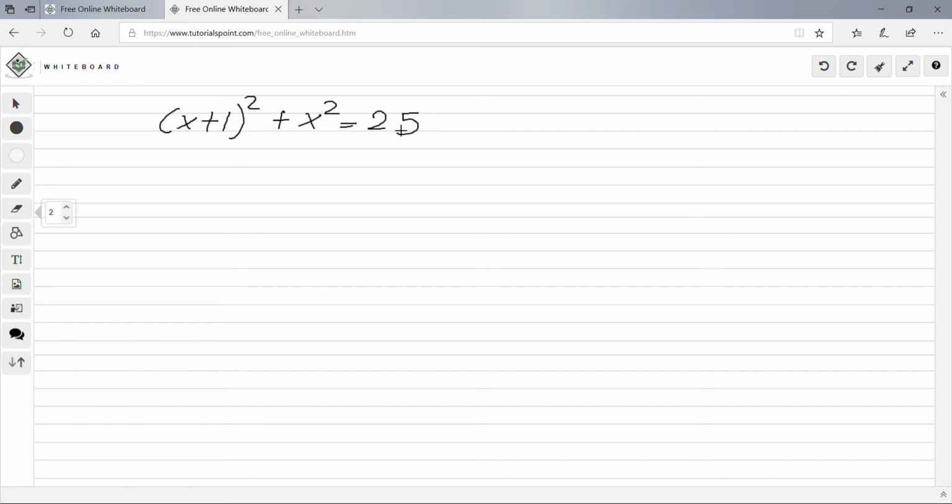I want to solve for x, right? So I will FOIL this.